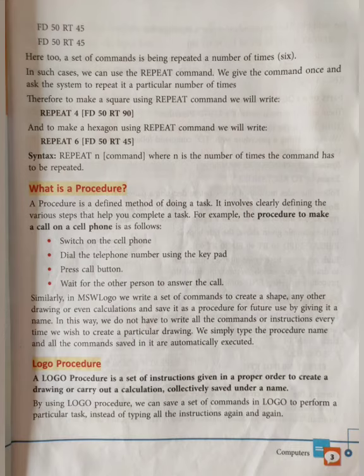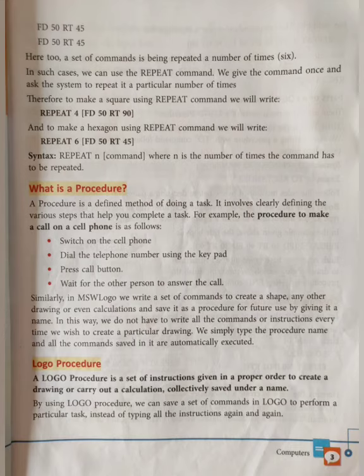As for example, if you want to call your parents or if you want to call your friend, then what do you do? First of all, you have to take your mobile phone. If your mobile phone is switched off, then you have to switch on your phone. After that, dial the telephone number using the keypad. Second, you have to dial the numbers.